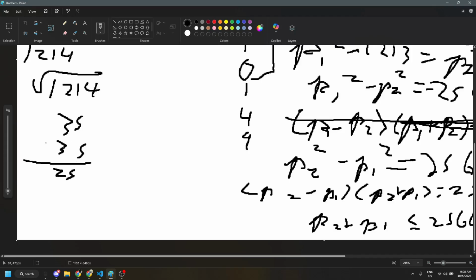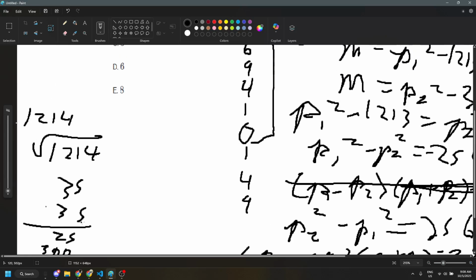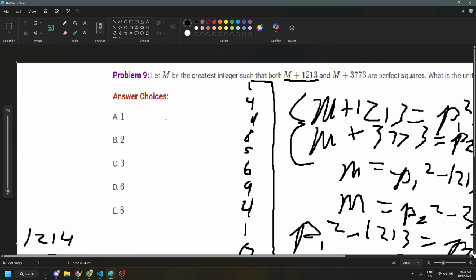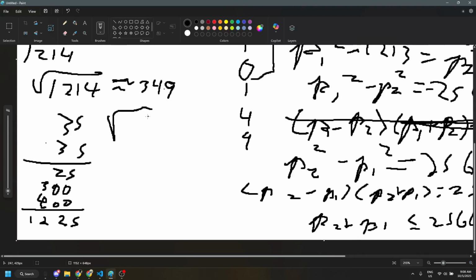Plus 25, 300, and 900. Oh yeah, it was just about 35. So it's around equal to 34.9. And the square root of 3774.